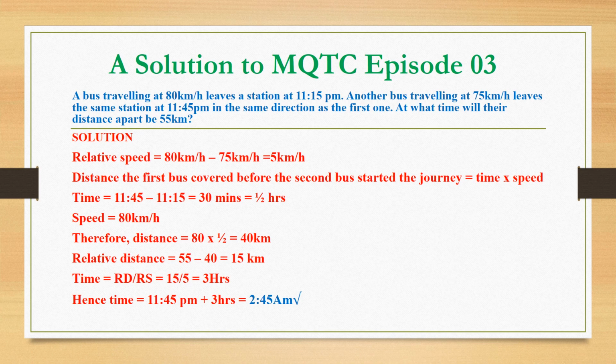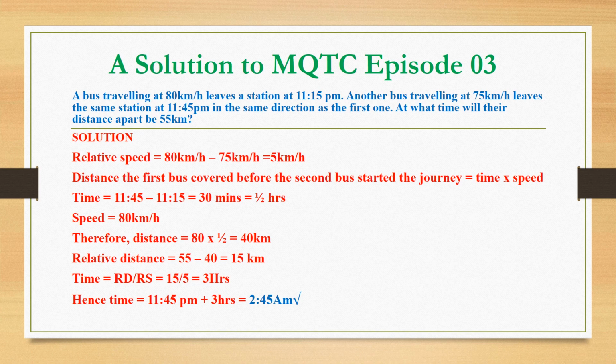The question wants us to find at what time will the distance between the two buses be 55. Already, we are seeing that when the second bus starts the journey, the distance in between the two is 40. Since the first bus is moving at 80 kilometers per hour and the second bus is moving at 75 kilometers per hour, then it means there is no way the second bus can catch up with the first bus.